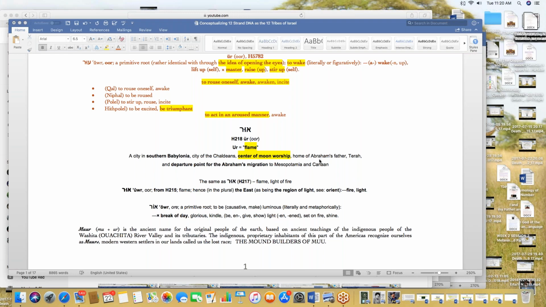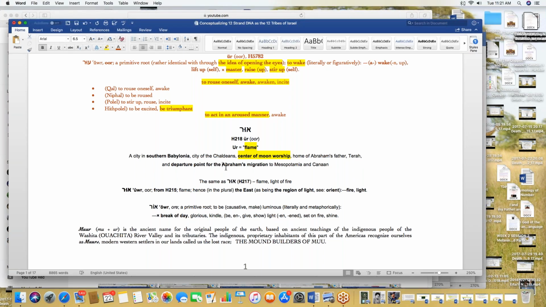And it is the home of Abraham's father, Terah, and a departure point for Abraham's migration from Mesopotamia to Canaan, referred to as the Ur of Chaldee, and we're going to get into that later. But understand that it is related to what we're talking about: this resurrected state, to us putting on and activating our light body.